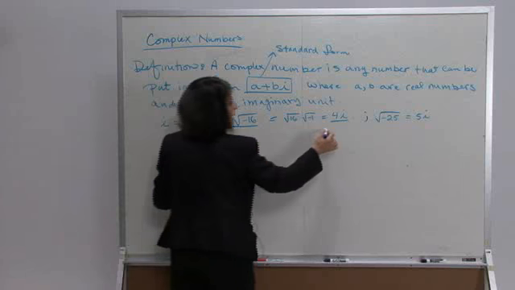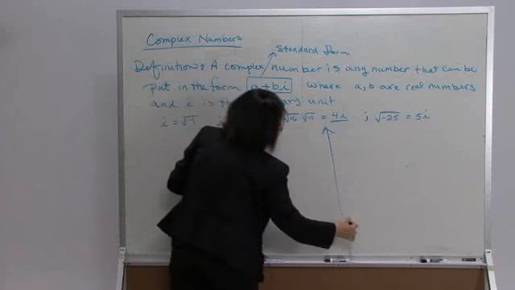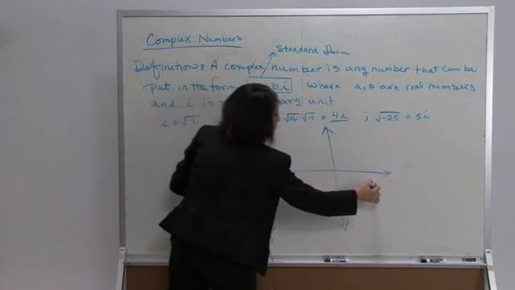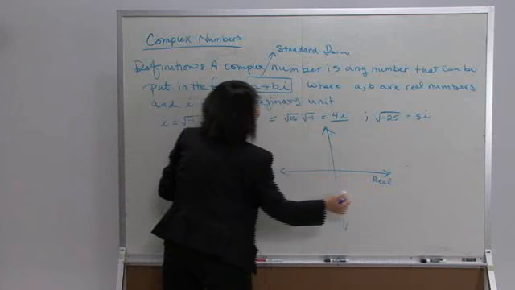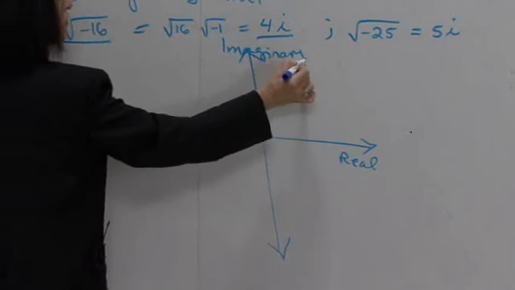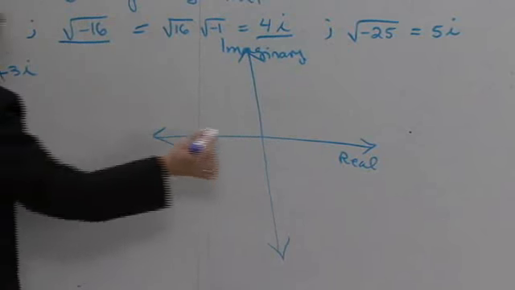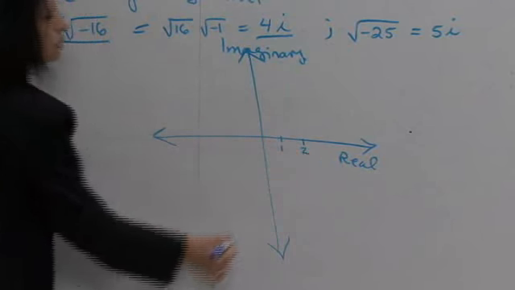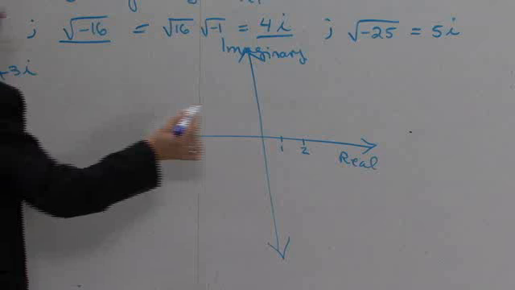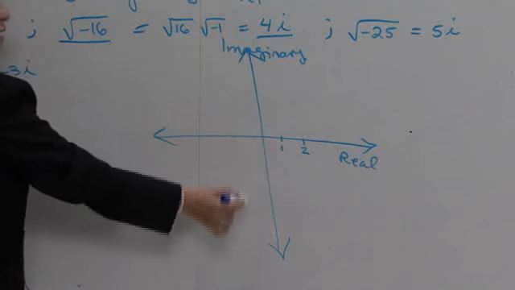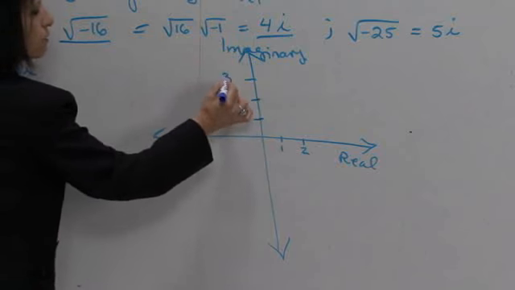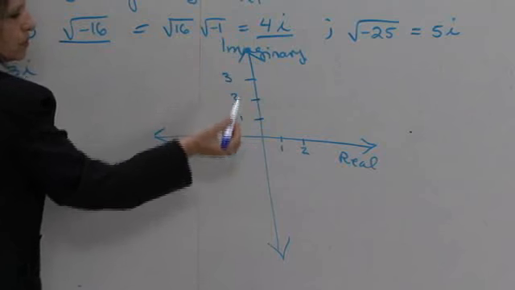If you want to look at graphing this number on the real and imaginary axis, think this is the real axis, this is the imaginary axis. And then the number 2, so there is 1, there is 2, it's going to be on the real axis, and the 3i, the imaginary axis is the one that includes i. So if you go, there's 1, there's 2, there's 3. So that would represent 3i.